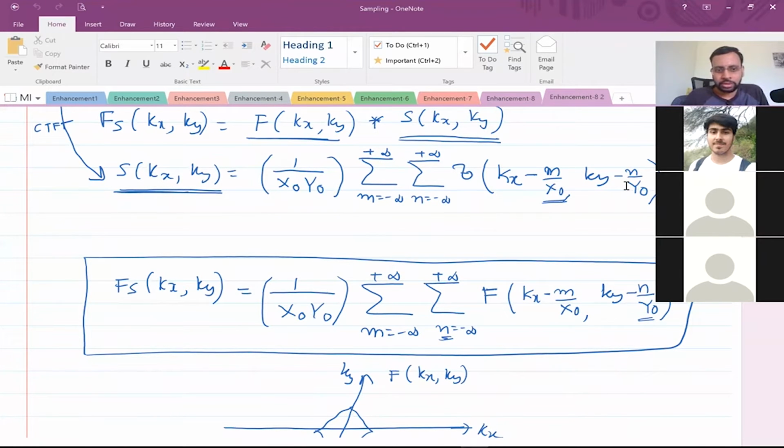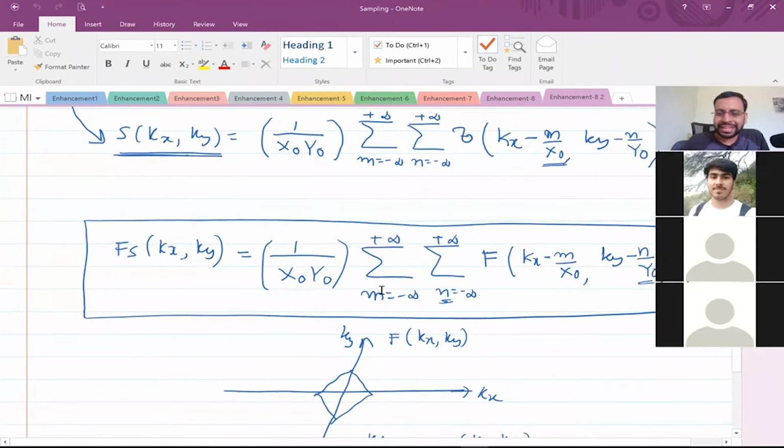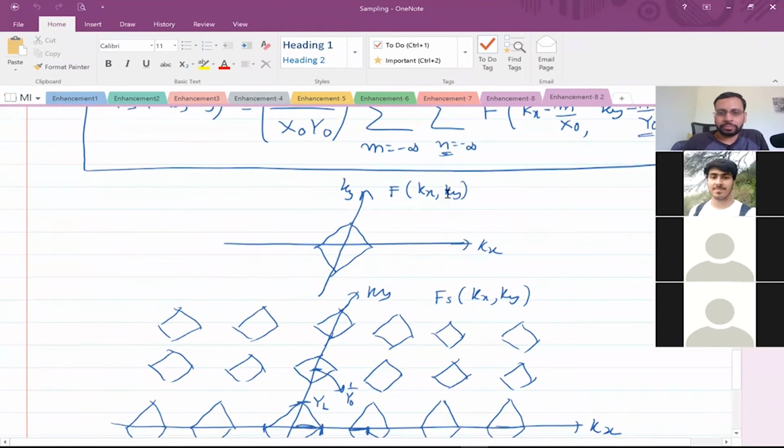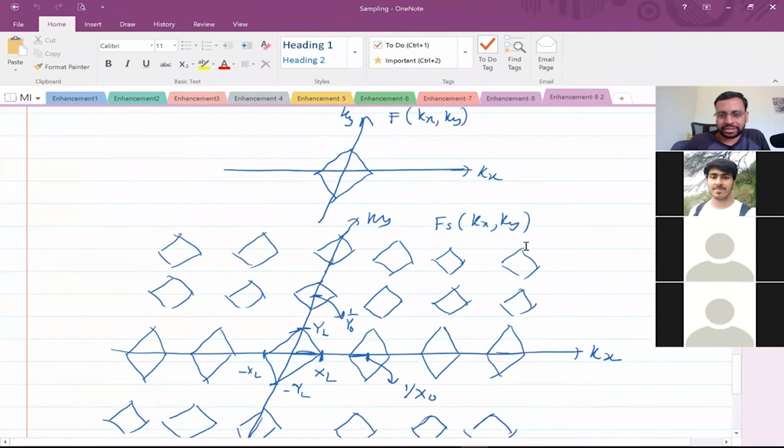That's why you would be getting the copies of it shifted, using the sifting property. Everybody knows sifting, it's like picking up what you exactly want. So f of kx minus m by x naught gets shifted, and this shifting varies over integer multiples of x naught and y naught.